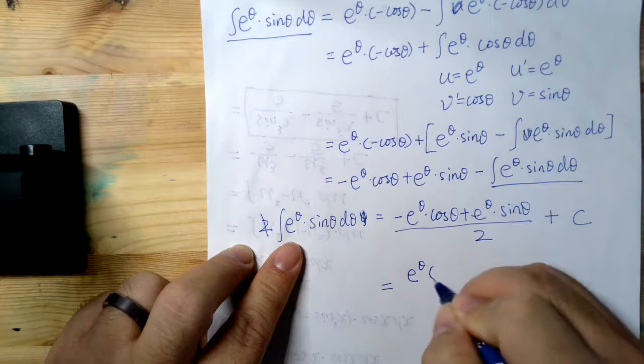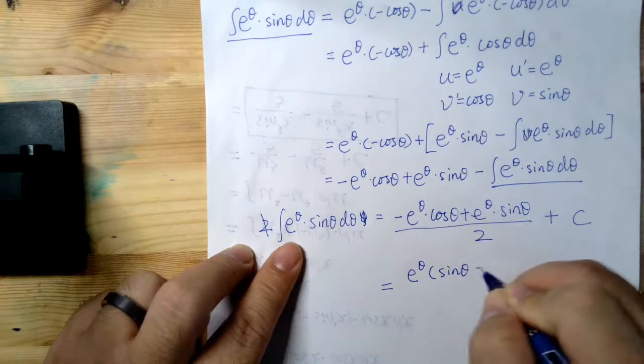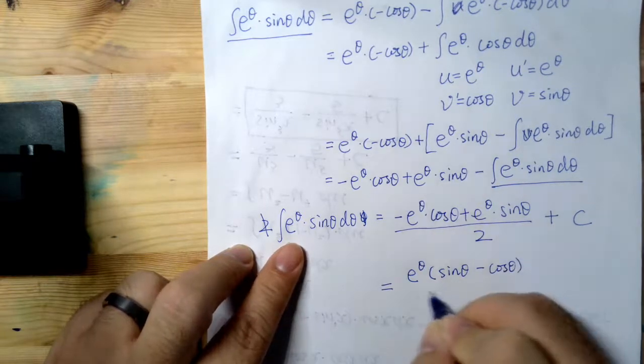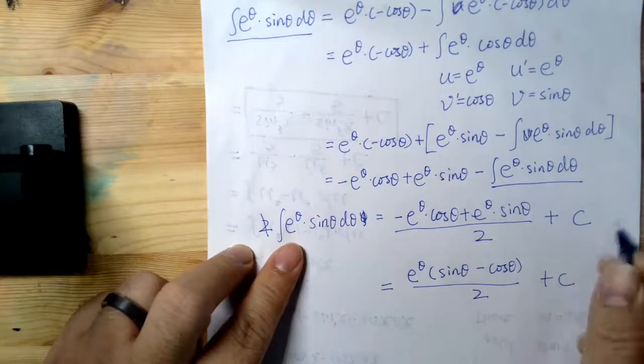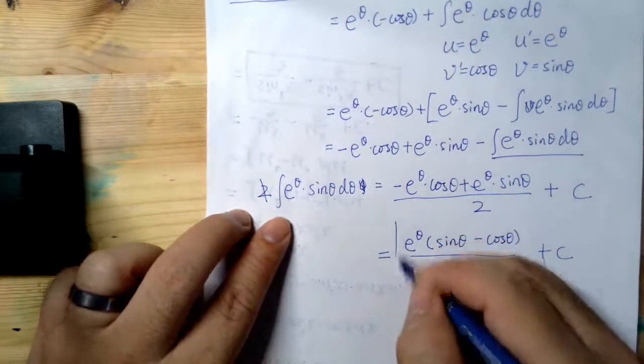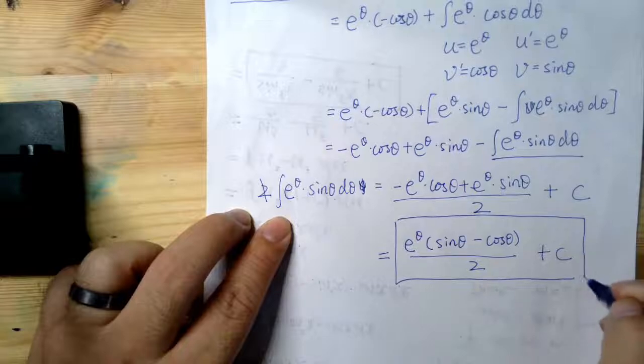So we have e^θ times (sin θ minus cosine θ), over 2, plus the arbitrary constant C. That is our final answer for this problem.